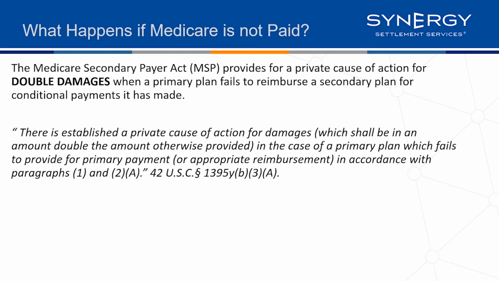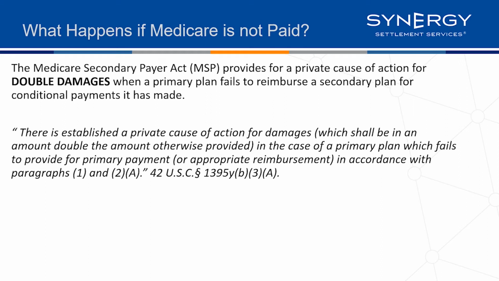When a primary plan fails to address conditional payments, or the plaintiff fails to address conditional payments, the Medicare Secondary Payer Act provides for a private cause of action for double damages.